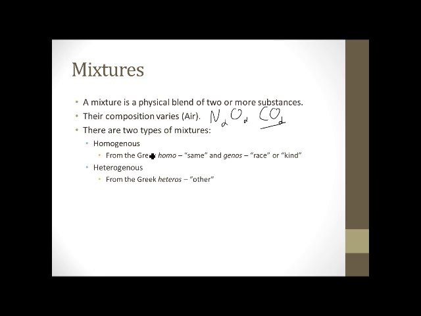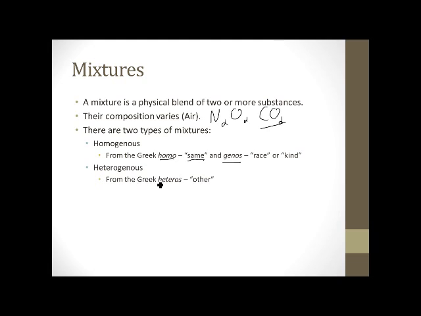There are two basic kinds of mixtures: homogeneous and heterogeneous. Homogeneous, we're going to do a little more etymology here, is from the Greek word homo, which means the same, and genos. Genos is race or kind. So homogeneous means same kind. Everything in it is the same.